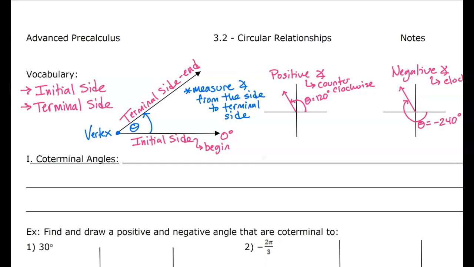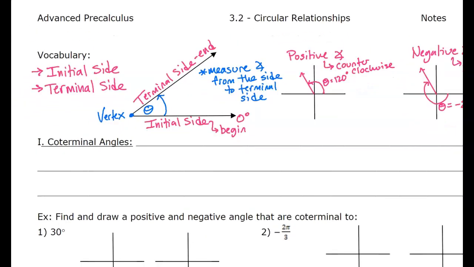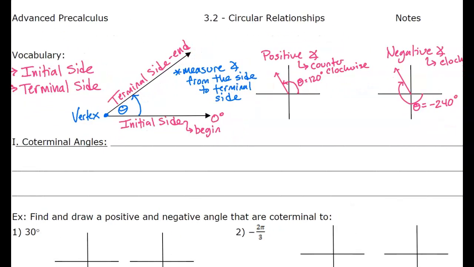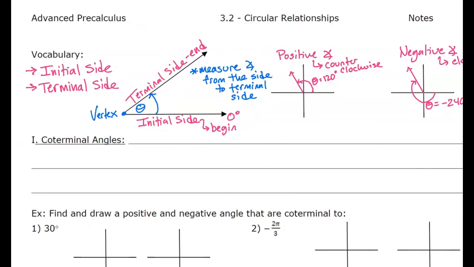All right. So we learned these vocabulary words basically so that we could understand what a coterminal angle is. They love to ask you for coterminal angles. Love, love, love to ask you what a coterminal angle is.